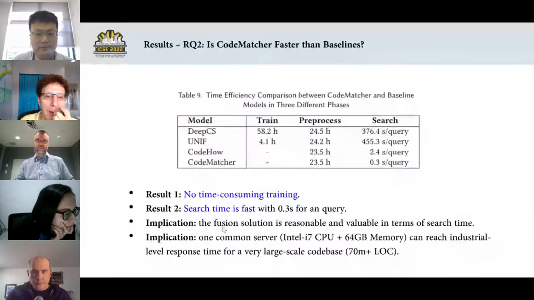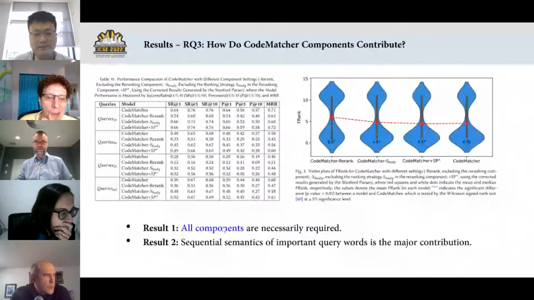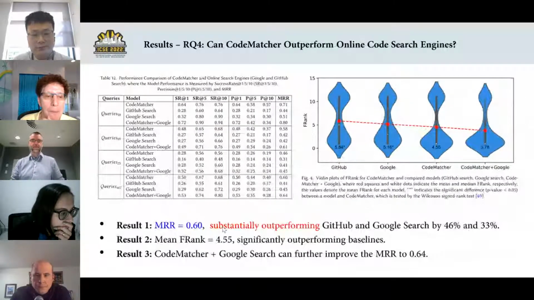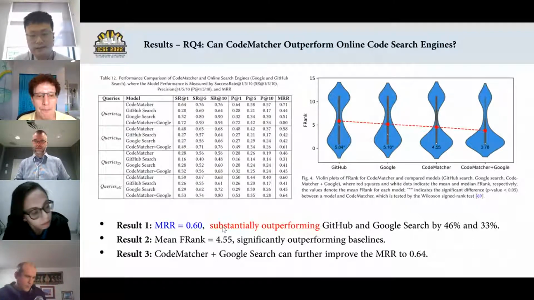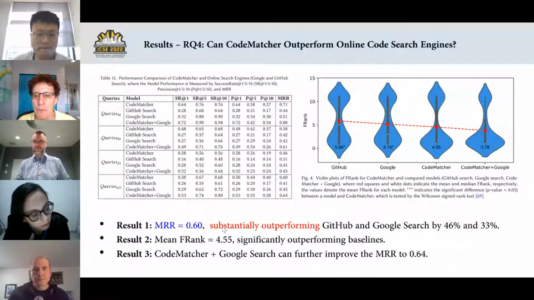And Code Matcher runs fast. It only needs 0.3 seconds for a query and needs no time-consuming training as the deep learning models do. And all the components are necessarily required. We also showed that Code Matcher outperforms GitHub and Google search.